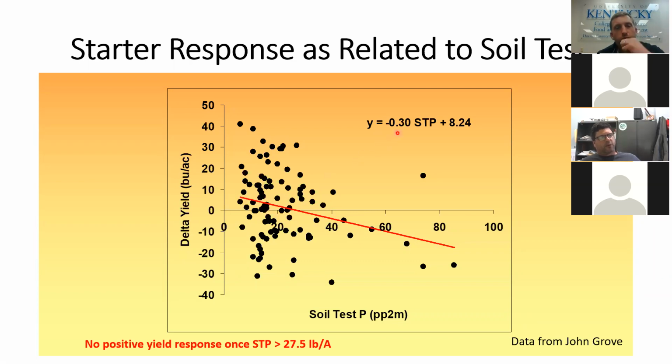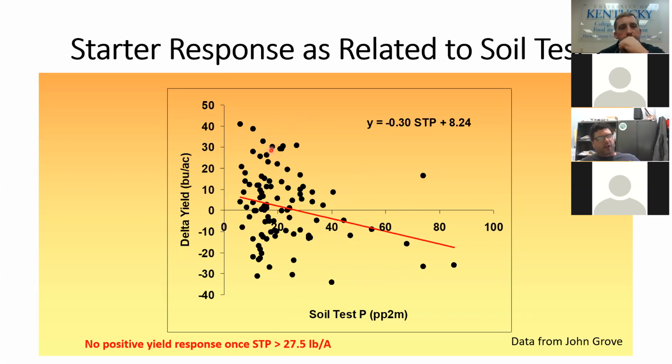What it shows is that as soil test P increases, our likelihood of a response decreases. If you average all this data out, once we hit a soil test value of 27.5 pounds per acre, just solving this equation, our yield response was 0.